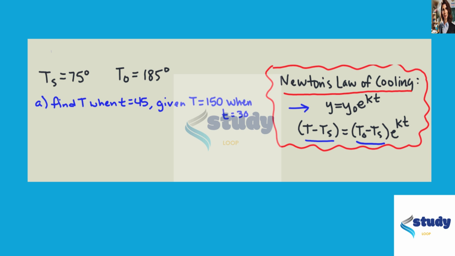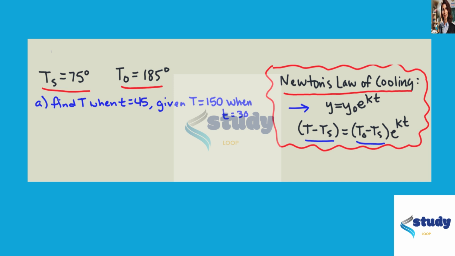So for this problem, we know the temperature of the surroundings, that would be the room temperature, is 75 degrees Fahrenheit. And we also know the initial temperature of the object, which is the turkey, because it comes out of the oven at 185 degrees.